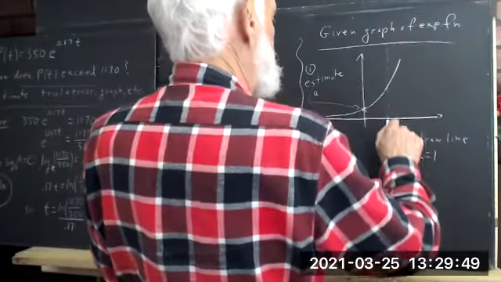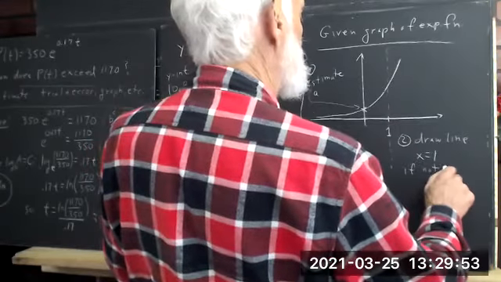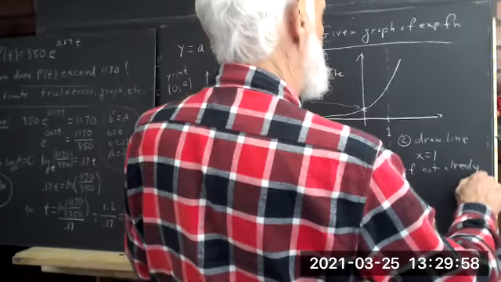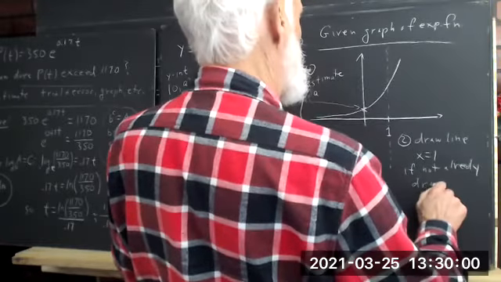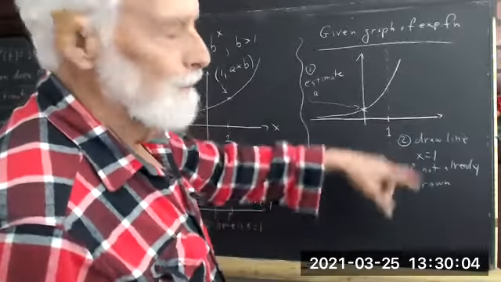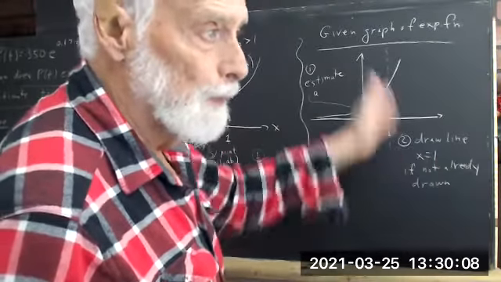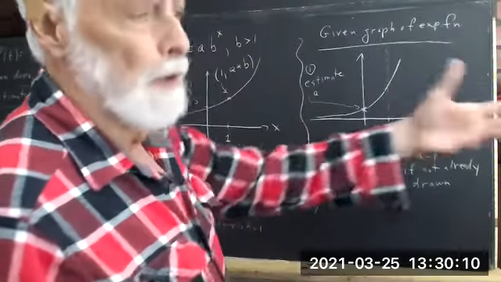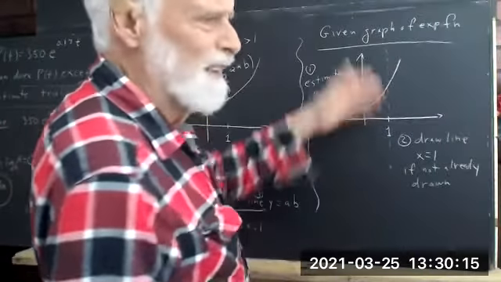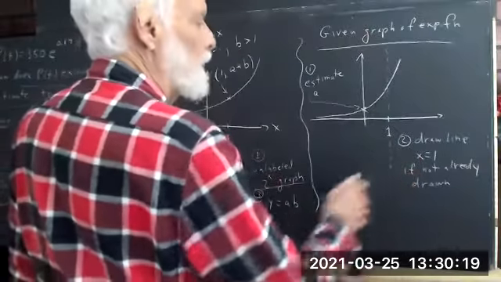But if you didn't have it, you'd have to draw it. So step 2 is unnecessary if the line is already drawn, but if it isn't, you want to draw it. Of course, you can't draw it on the computer screen, but you can visualize it. And in your problems, it'll always be there. Okay, you draw the line x equals 1.